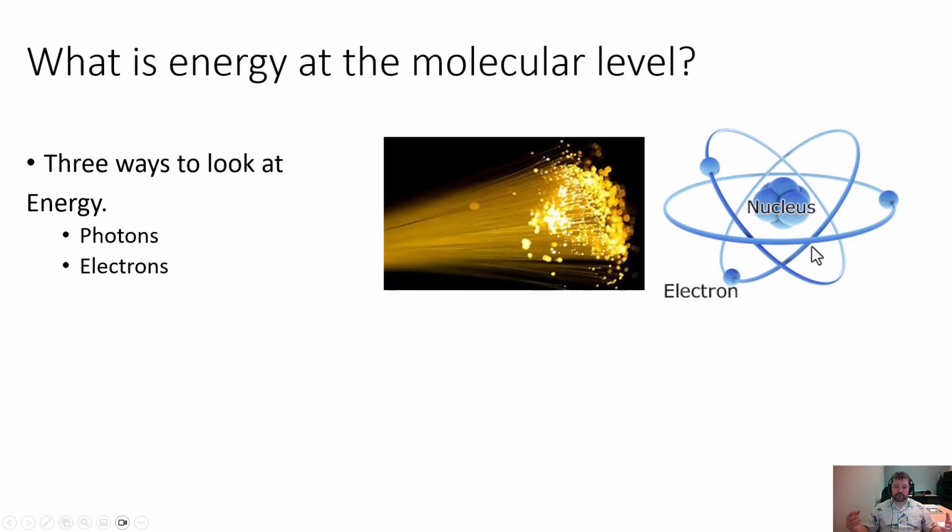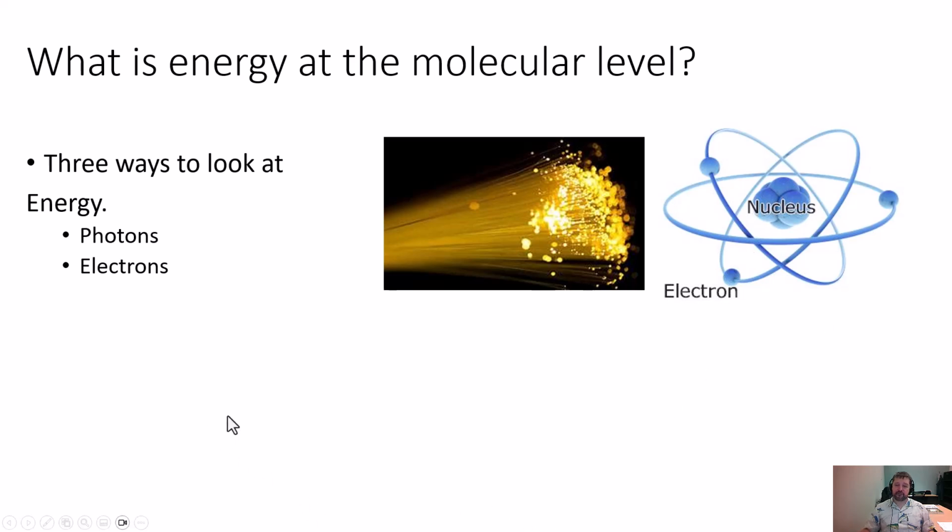When you get a bond between two atoms, we often consider that chemical energy or bond energy. That's based on the electrons, the pull of the electrons, and the energy involved with them.